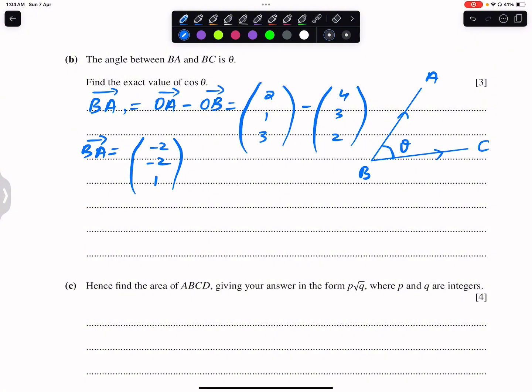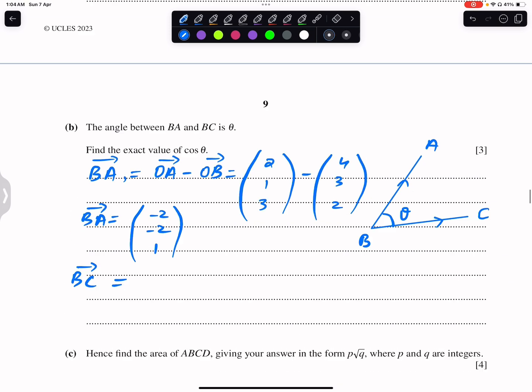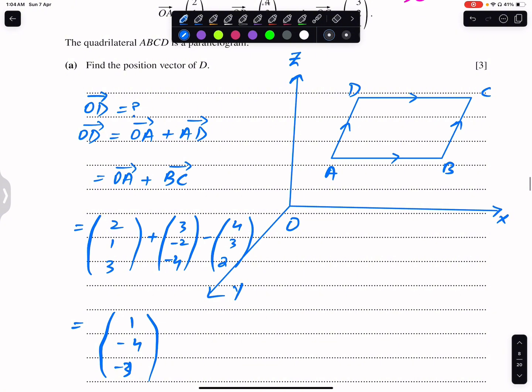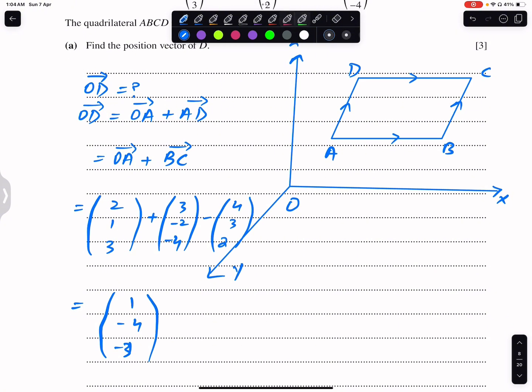And then we want to find the second vector also. So BC is equal to, students, this is BC.